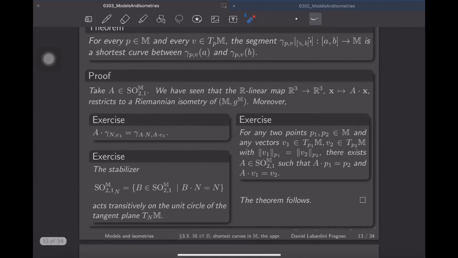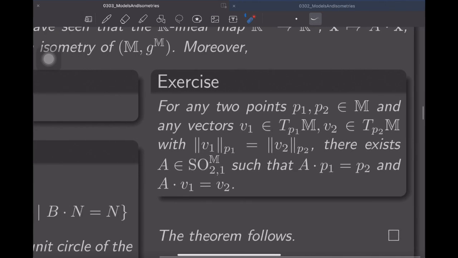All right, and now the final exercise here is, if you give me 2 points in the hyperboloid, and you give me 2 tangent vectors that have the same Minkowski norm, and both are tangent. You see, I have my 2 points.